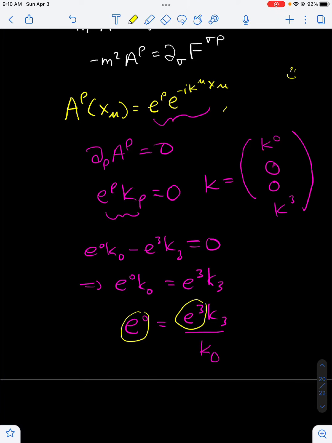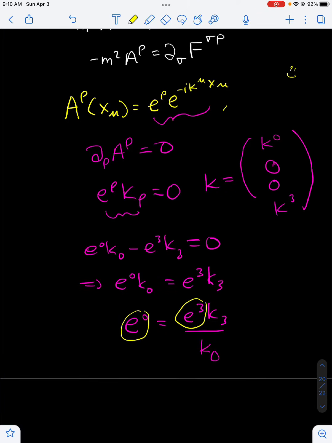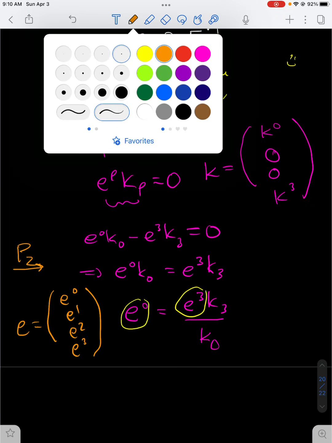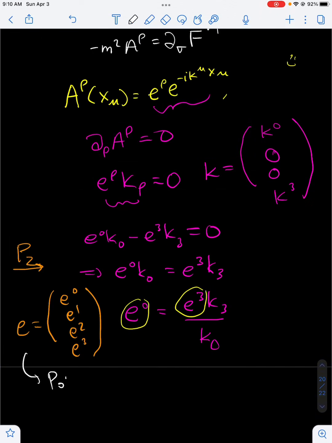And this is actually a pretty nice relation that we've just found out. Since recall that E has 4 components: E naught, E1, E2, and E3. And if we are considering a wave traveling in the z direction, that means that our vector, this is called a polarization vector, by the way, the components of the polarization vector are not linearly independent.